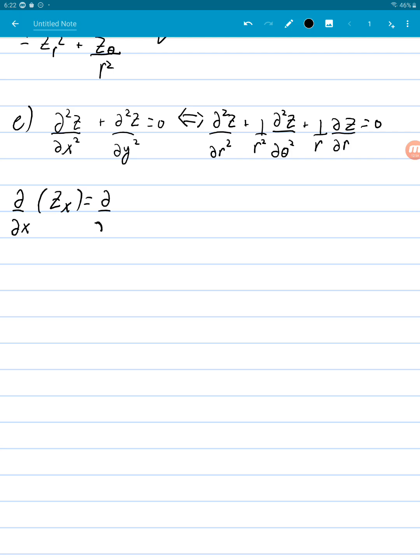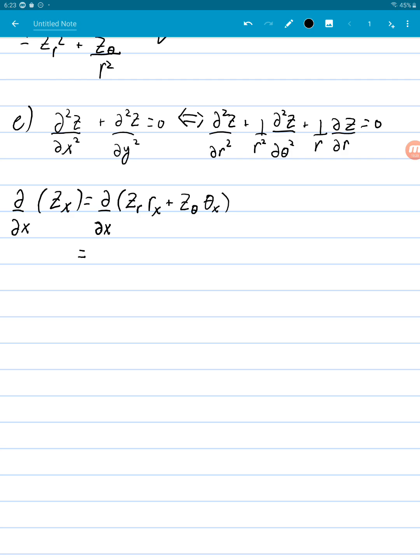Now, zx was z sub r sub x plus z sub theta sub x. In case it's unclear, when I say sub, that's just describing the subscript, and then we're using that subscript notation for the partial derivatives.